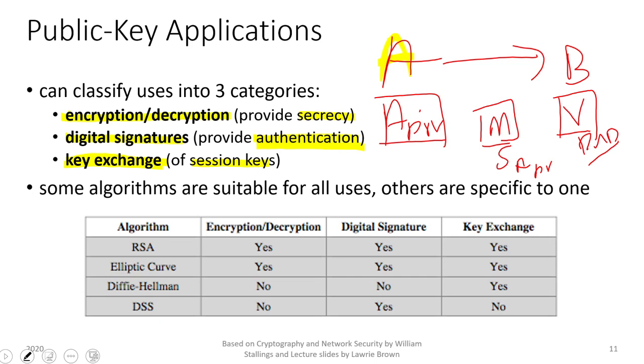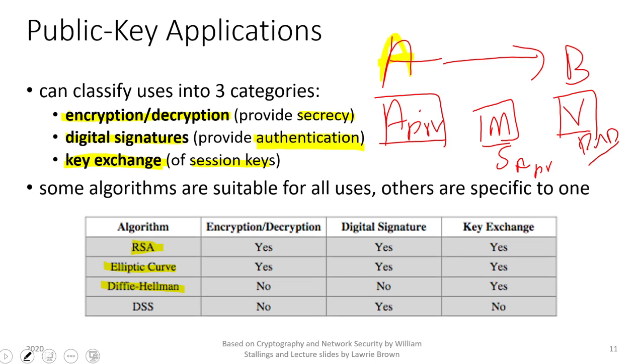So there are a number of different algorithms that we can use for these public key applications. There is RSA, which we will discuss today, and things like elliptic curve and Diffie-Hellman. We could discuss this a bit later. And there are some differences.